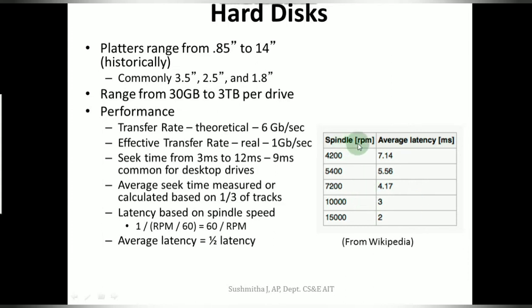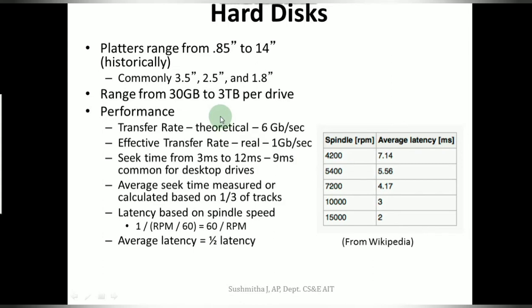Now the spindle rotation, RPM, is rotations per minute. If the rotation is 4200 RPM, then the average latency that is possible is 7.14 milliseconds.